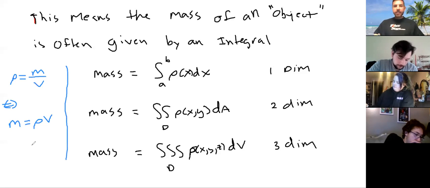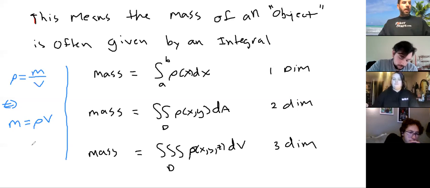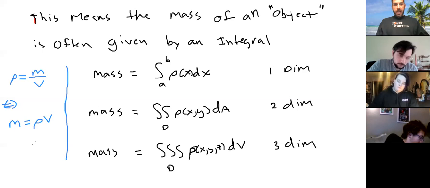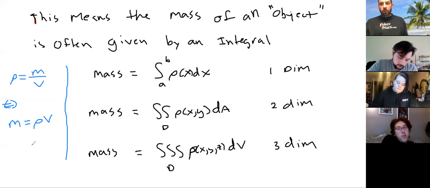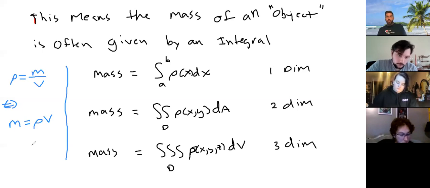And so if we're imagining these incremental changes, you can see if you would set up a Riemann sum to compute mass, how it would turn into an integral of this form. I would actually encourage you to do it. And perhaps even in physics, you got to see a little bit of that derivation, or at least the intuition behind it.